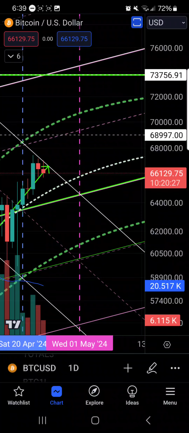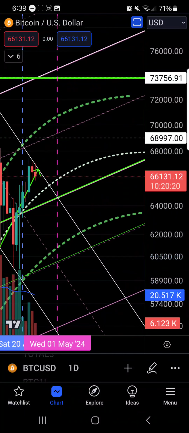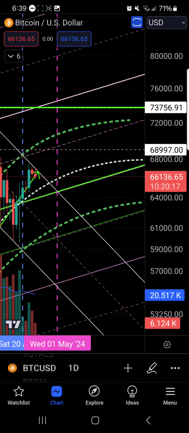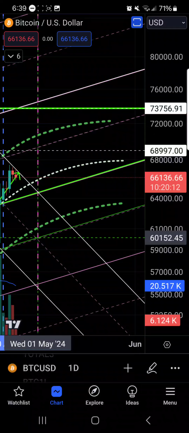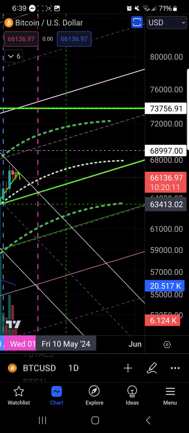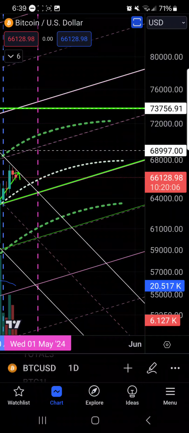And that will be your last opportunity to buy Bitcoin at its lowest price ever again. Its lowest price ever again. And then from that point, we continue onwards and upwards and over here.